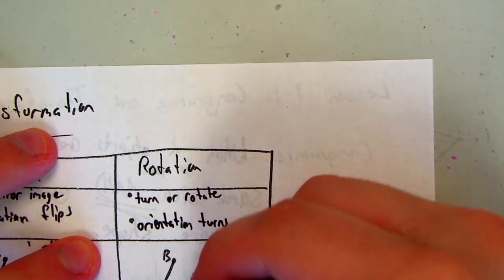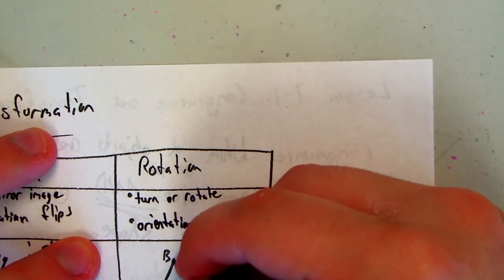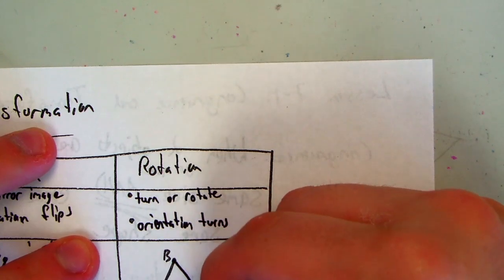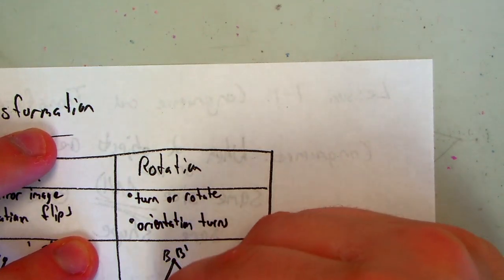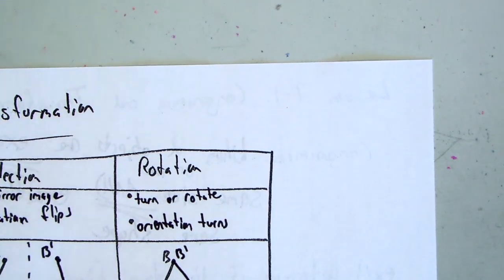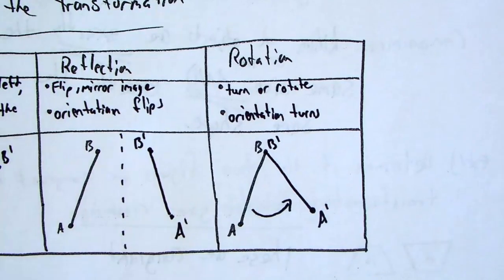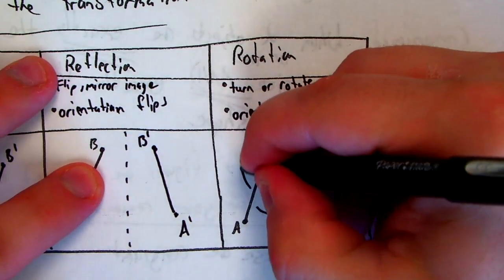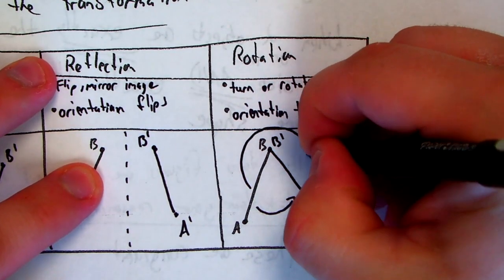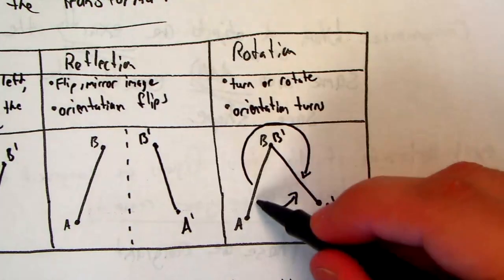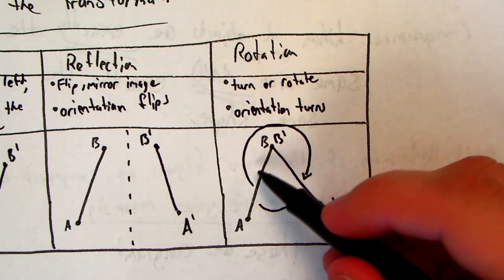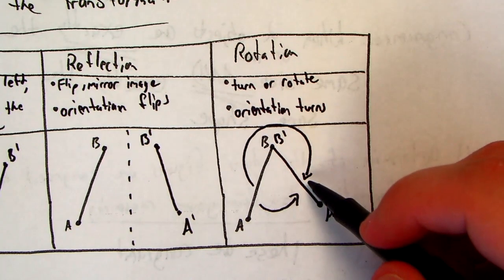So what that could mean is if we go about point B here, it could look something like this, where the rotation would be in this direction. You could also go in this direction. That would be the same distance. This would be a counterclockwise rotation, where this would be a clockwise rotation.